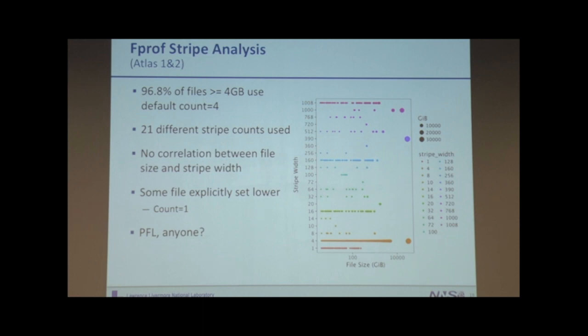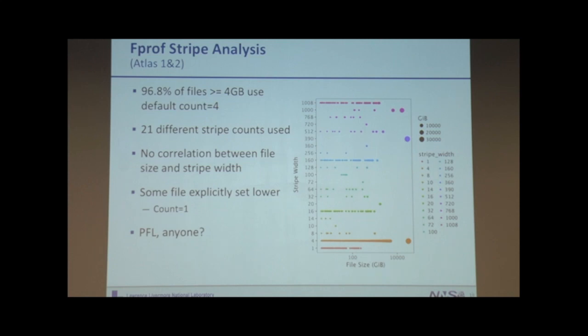So here's a more in-depth look at that analysis. Again, about 97% use the default count of 4. In LC, our default count is 1, and Oak Ridge uses 4. The profile did find 21 different stripe counts used, so there were customizations. But interestingly, there is no correlation between the file size and the stripe count.